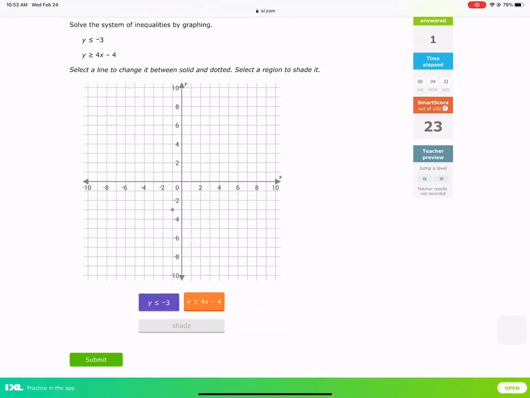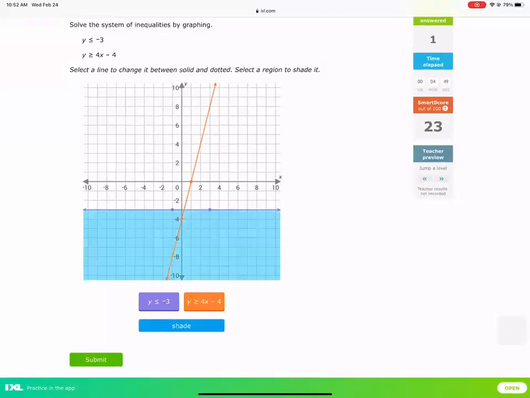The second equation: the y-intercept is negative 4 and the slope is positive 4. From here we count 1, 2, 3, 4 up, over 1. Solid or dotted, that's going to be solid for us. Now, if you look at the shading area, we have these 4 sections.